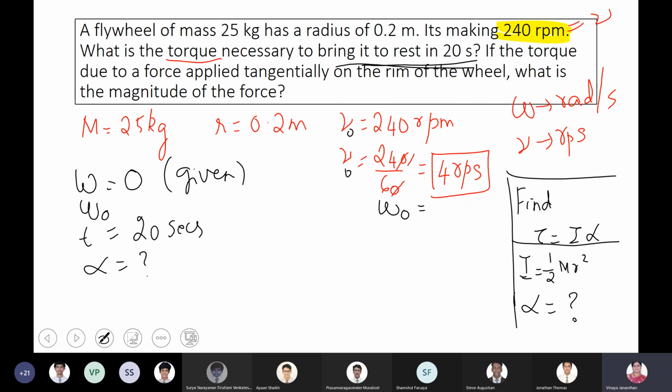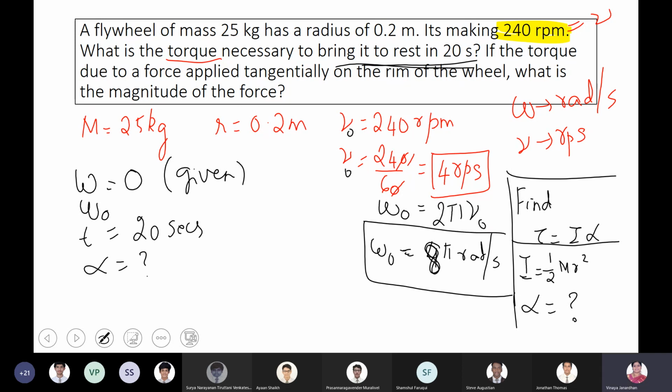Are you clear, boys? The flywheel is making 240 rotations per minute. Then you're applying a torque which brings it to rest. So initial angular velocity will be 2 pi nu naught. Omega naught will be 2 pi times 4, so 8 pi radians per second.